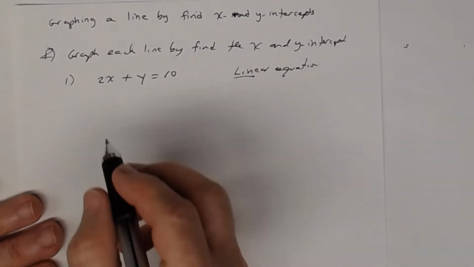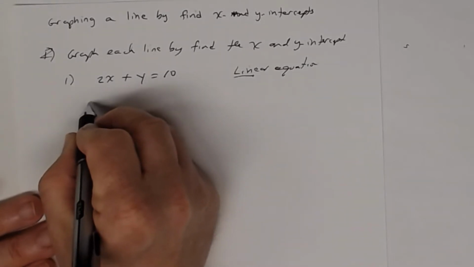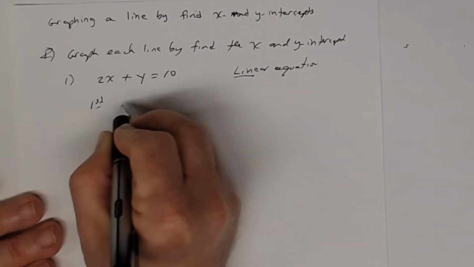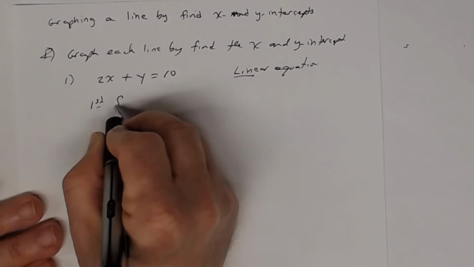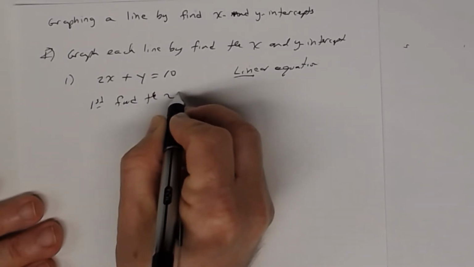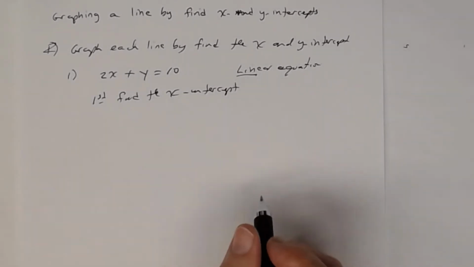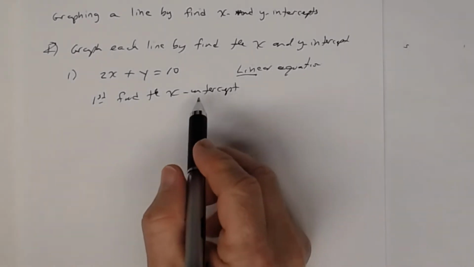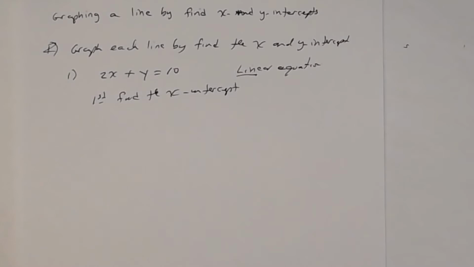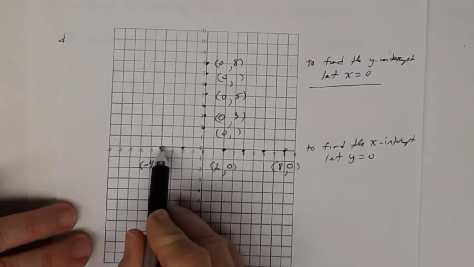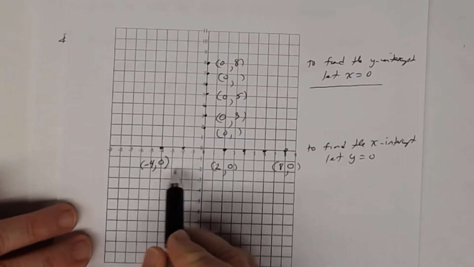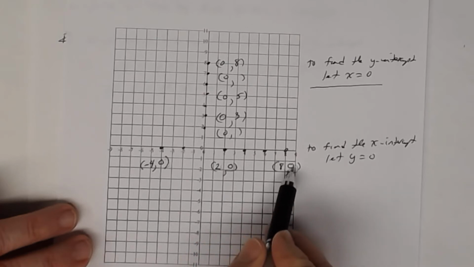All right, so here's your process. I'm going to write it out like this. First, find the x-intercept, where the graph crosses the x-axis. Remember, to find the x-intercept, I'm going to let y equal 0.